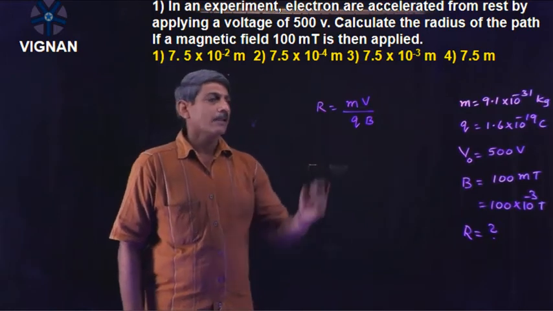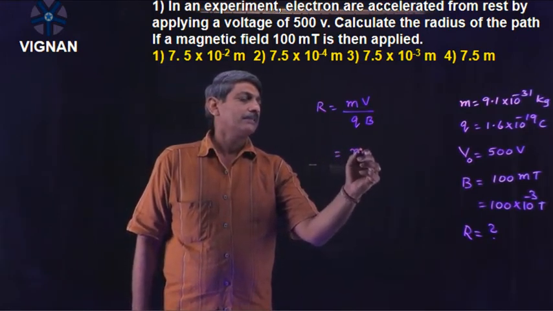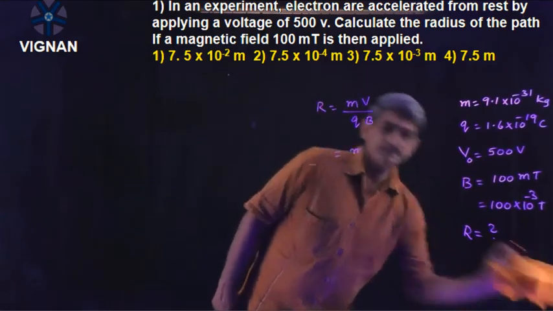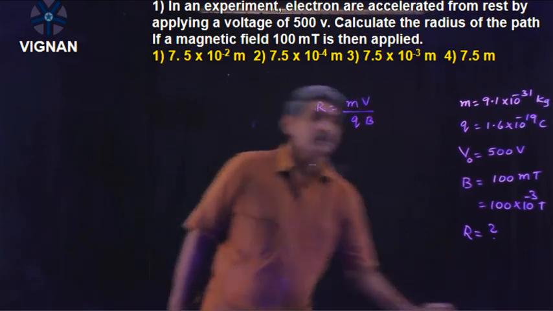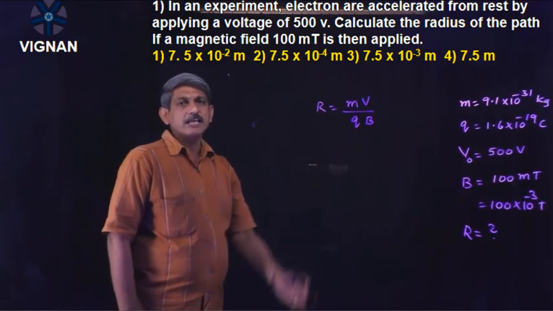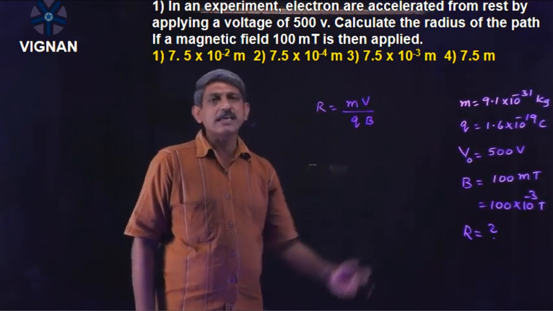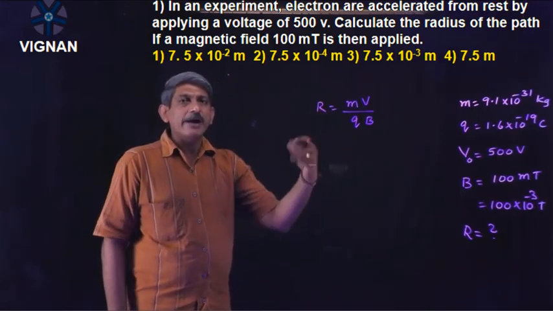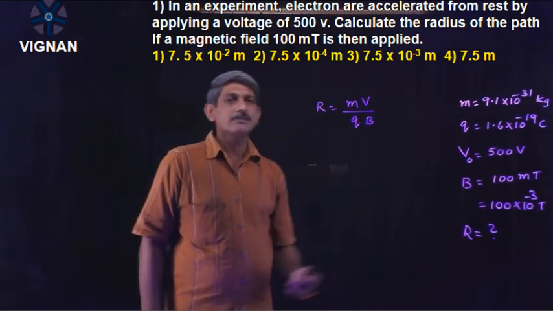That's why this equation can be rewritten. Here only the mass is given, velocity of the electron is not given. In such cases, the equation can be modified so that it contains the known values.